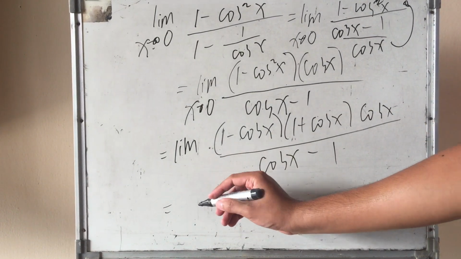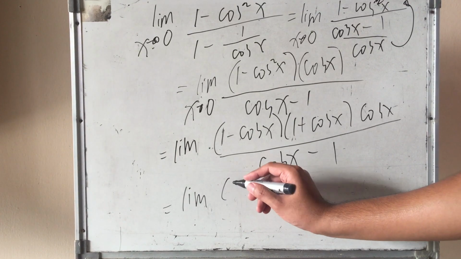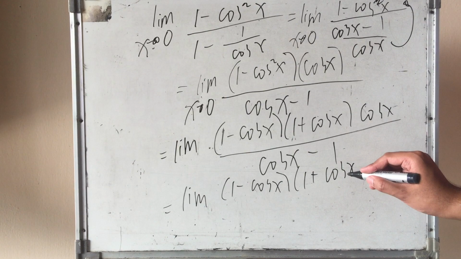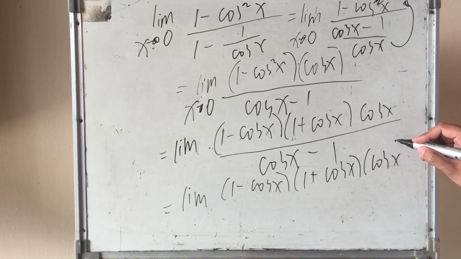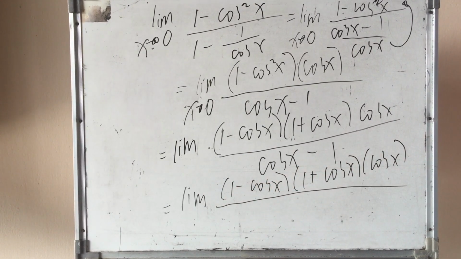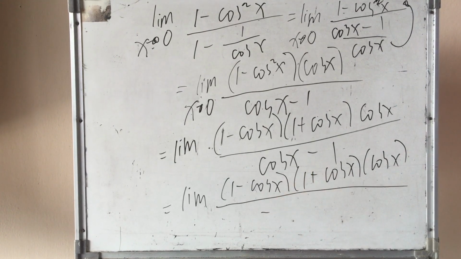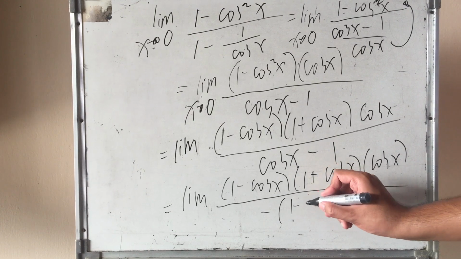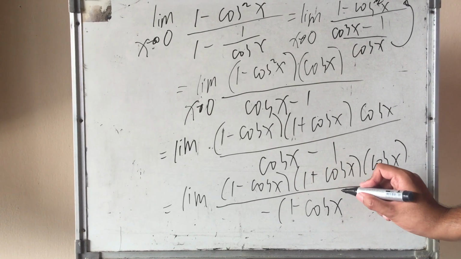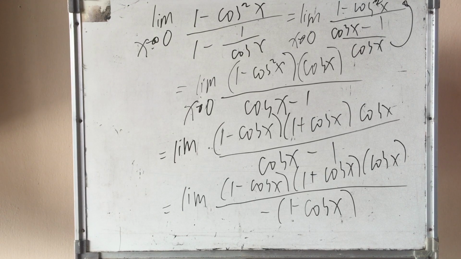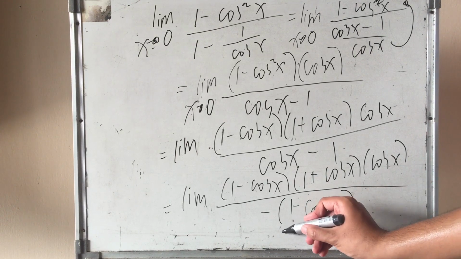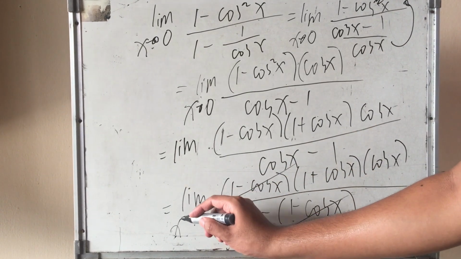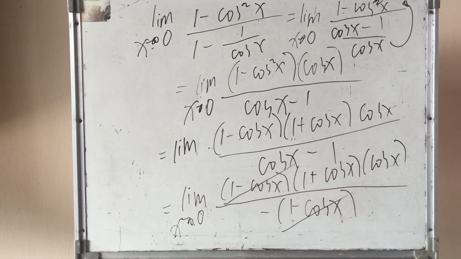So this is equal to the limit of 1 minus cosine x, 1 plus cosine x times cosine x divided by, factor out negative 1, so negative 1 minus cosine x. So cancel out 1 minus cosine x and 1 minus cosine x as x approaches 0.